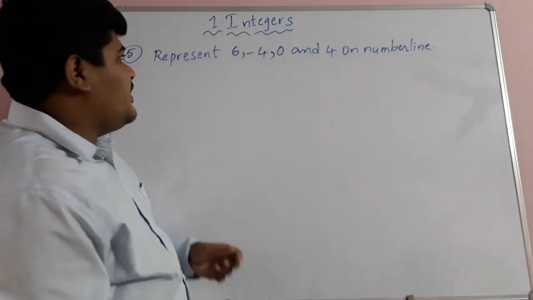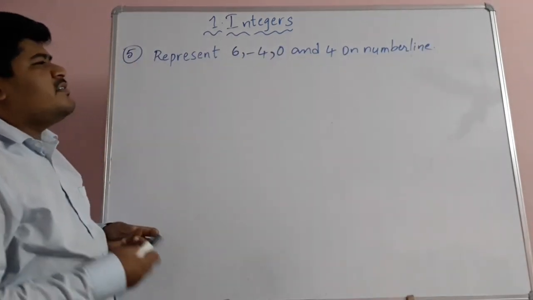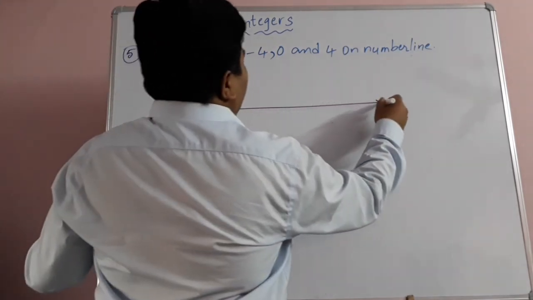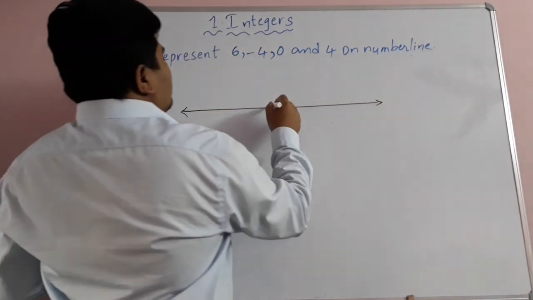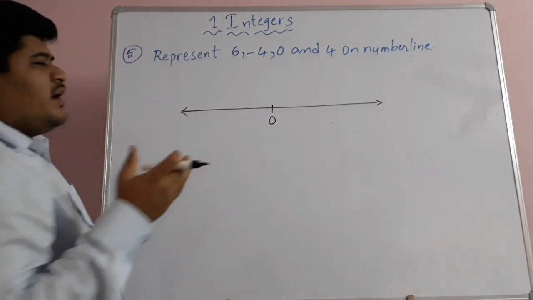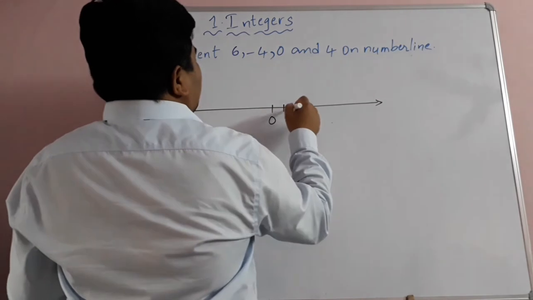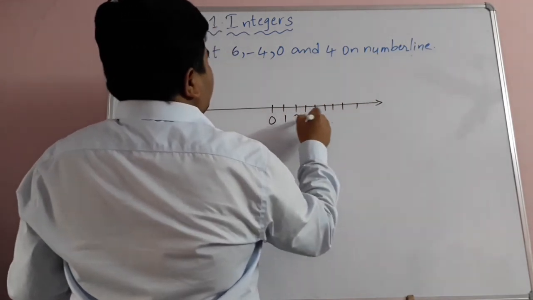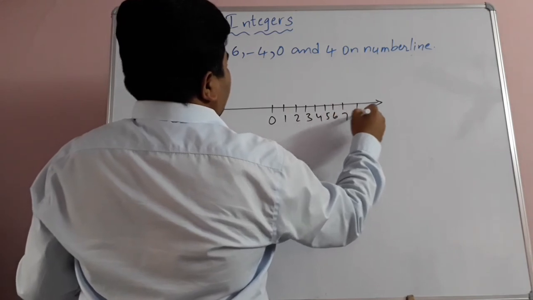Okay, now let's see problem number 5. Represent 6, minus 4, 0 and 4 on the number line, children. It's very simple. First draw one number line. Approximately in the middle just mark 0, and in equidistance mark the symbols, children. Okay, 1, 2, 3, 4, 5, 6, 7, 8.